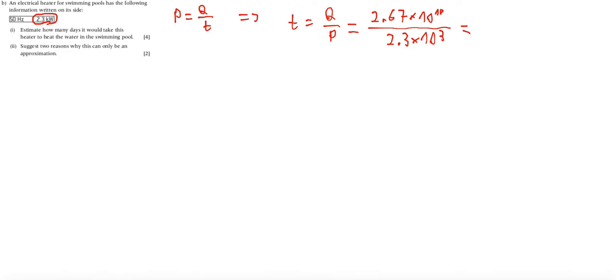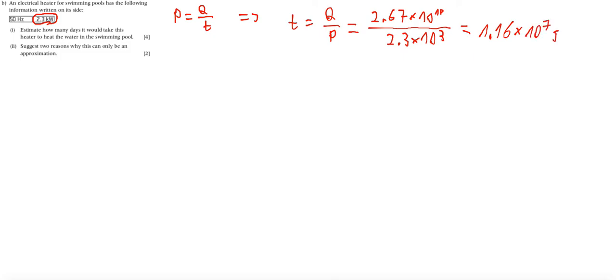So 2.67 times 10 to the power of 10 divided by 2.3 times 10 to the power of 3 is 1.16 times 10 to the power of 7 seconds.